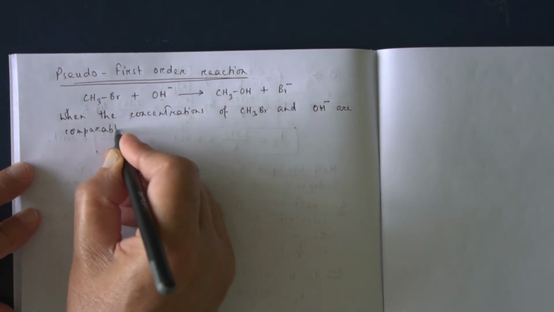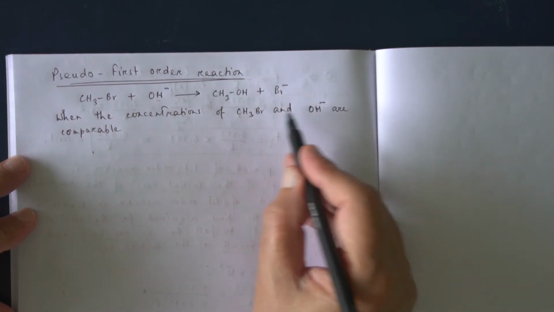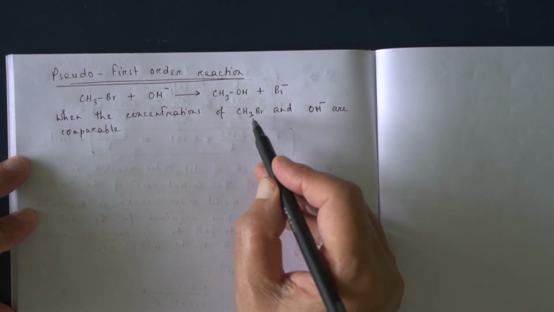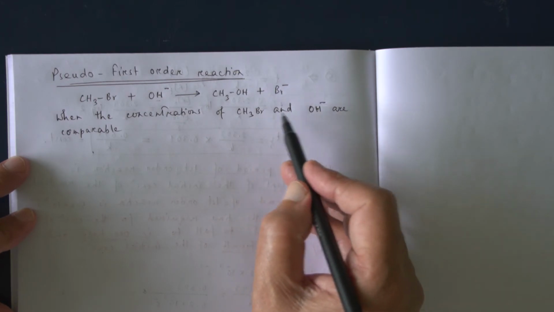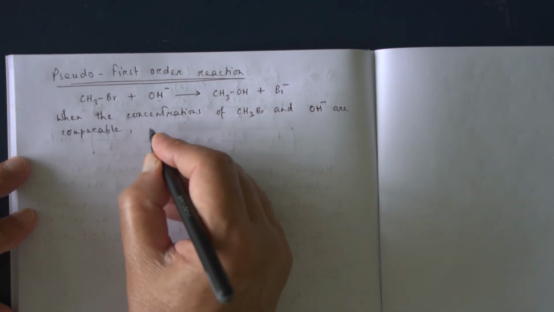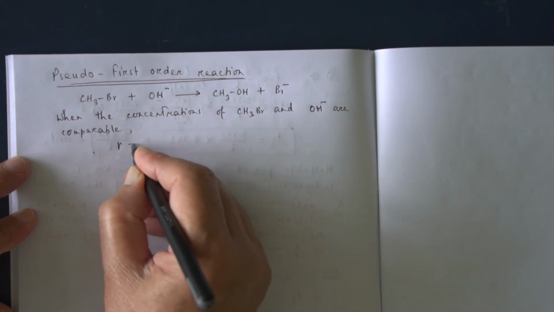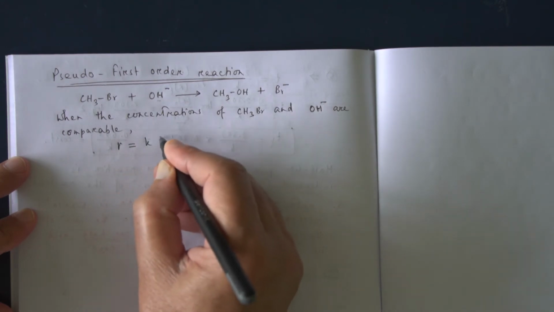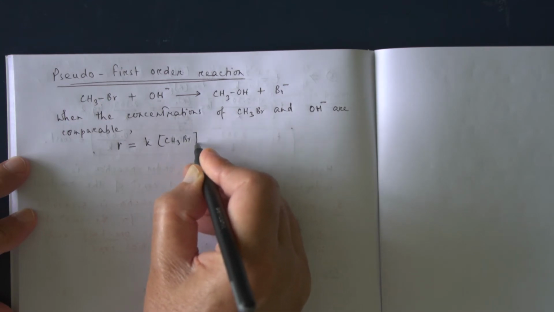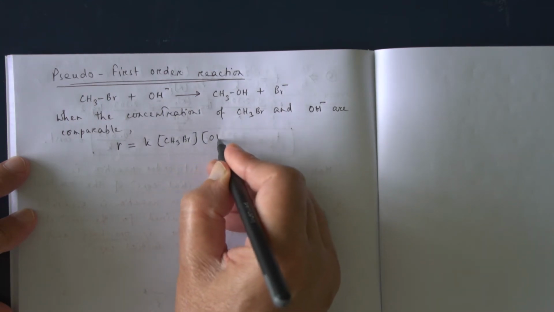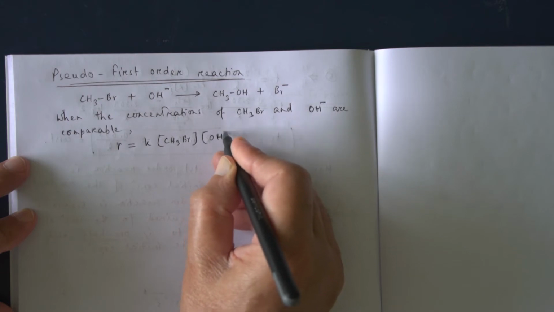Comparable means almost equal. When the concentrations of this and this are almost equal, then R becomes equal to K into CH3Br and this.